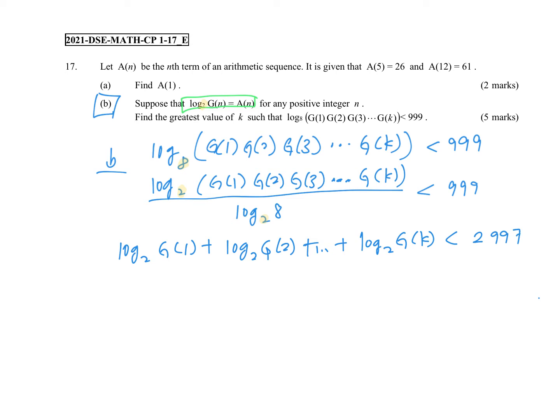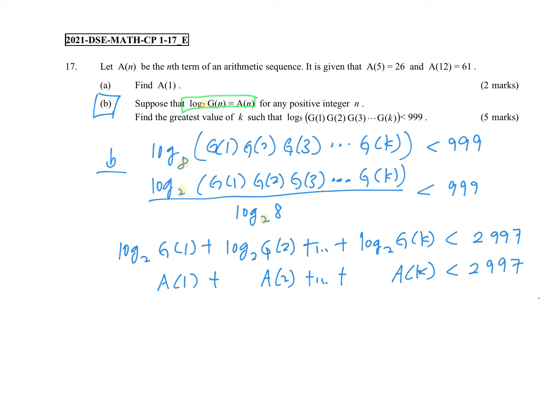According to the given equation, log g1 to the base 2 would be a1. And then we can change everything back into a.